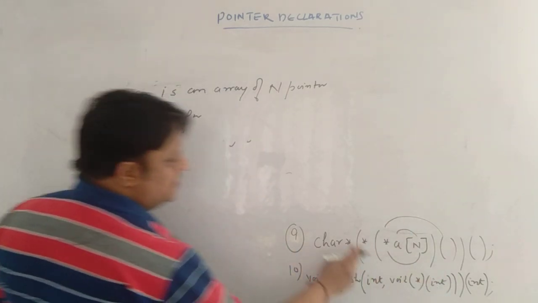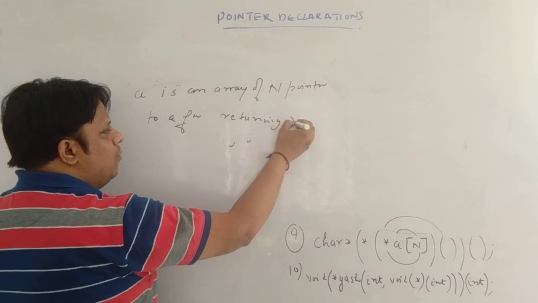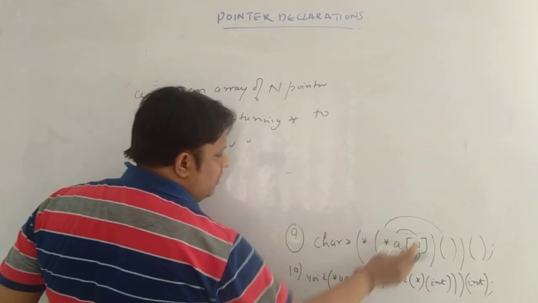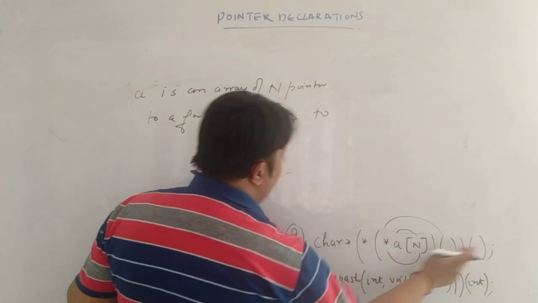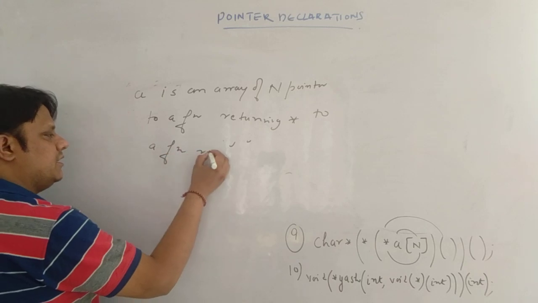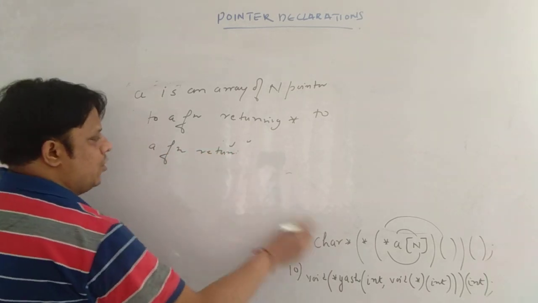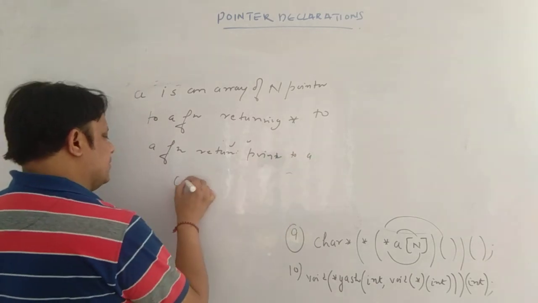To a function returning pointer. A is an array of n pointers to a function returning pointer to a function returning pointer to a function returning pointer to a character. Right.